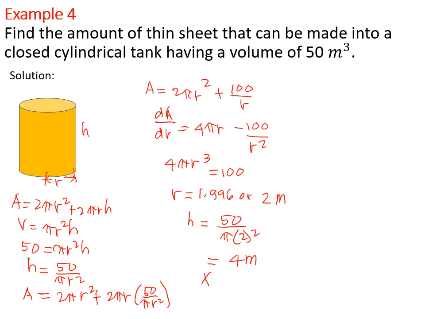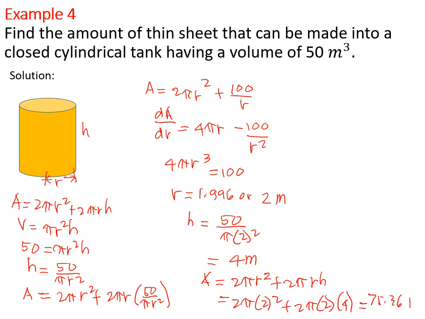Then your area equals 2 pi r squared plus 2 pi rh, equals 2 pi times 2 squared plus 2 pi times 2 times 4, equals 75.36 meters squared.